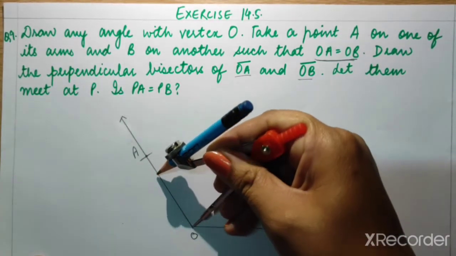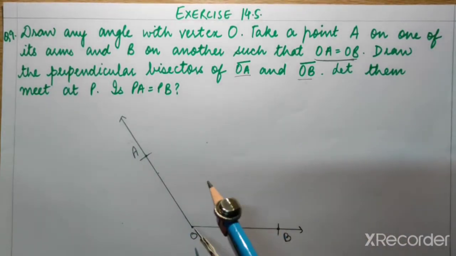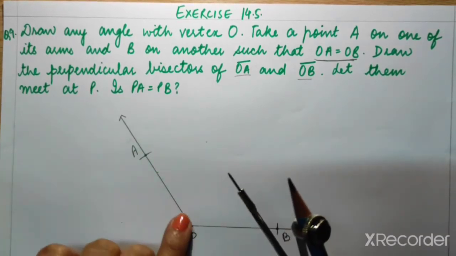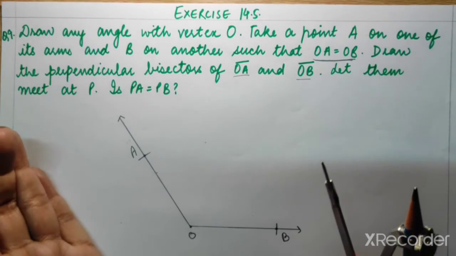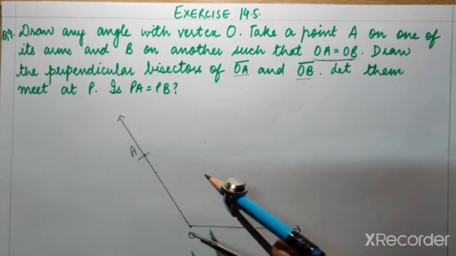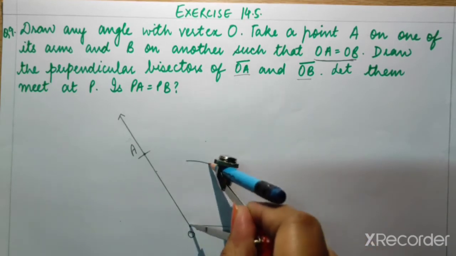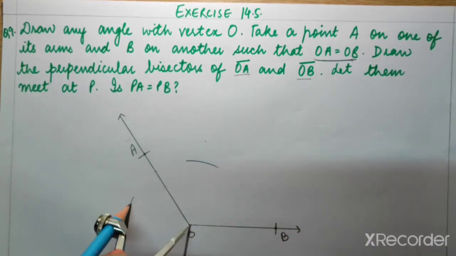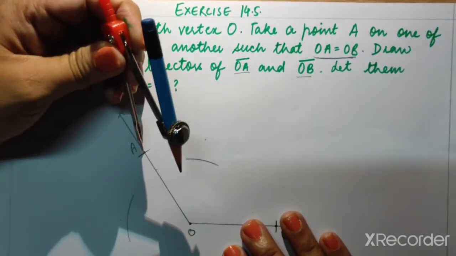Here the segment is tilted, so this is above the line segment and this is below it. Your first arc should be somewhere here, and the other arc will be on this side.